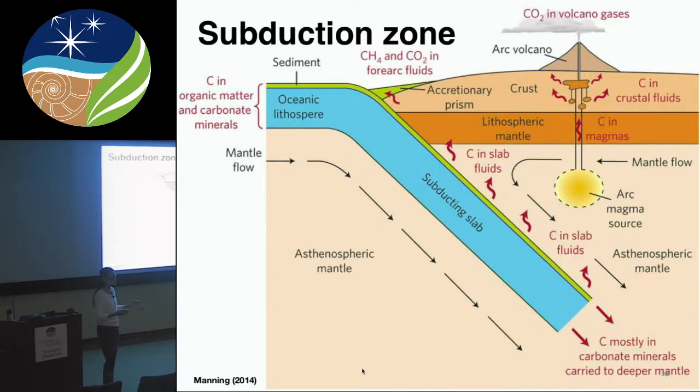There have been a number of studies that link water and the devolatilization of a slab to earthquakes and things like that, and also the amount of magma that you expect at volcanic eruptions.